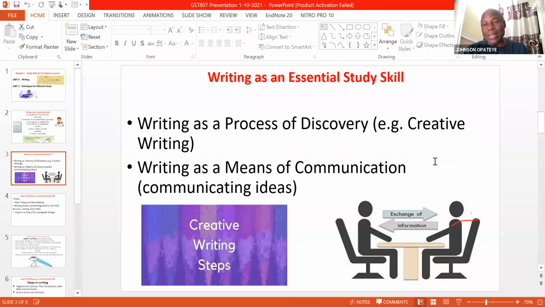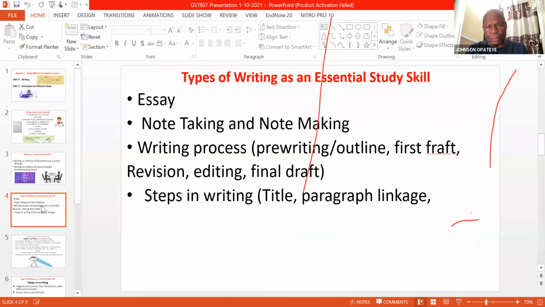That is what we call creative writing. When you are writing with a view to discover new things or to tell other people about the new development or invention that you have brought out, then you write as a discovery. Then writing is also a means of communication when you present your ideas, your intuitions, your insights to people, and you pen down those ideas and make them available for others to learn.